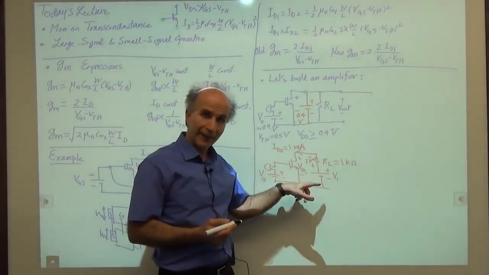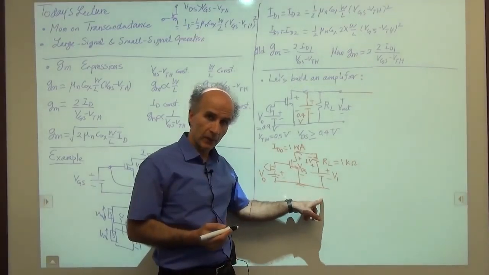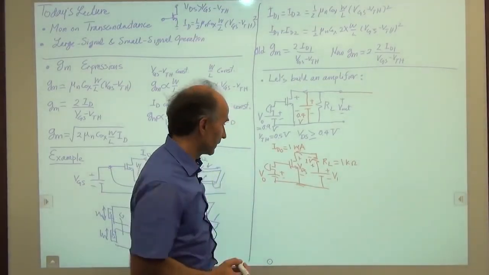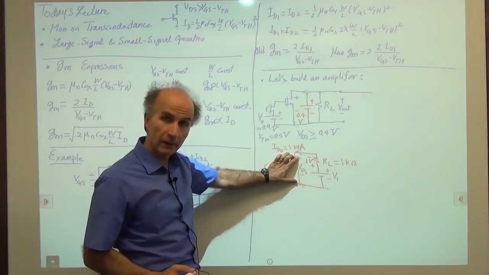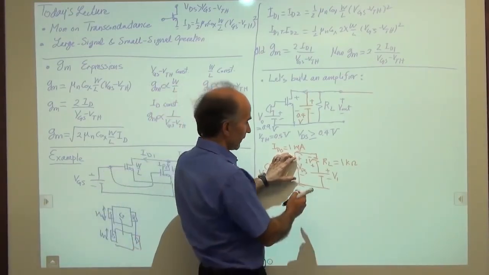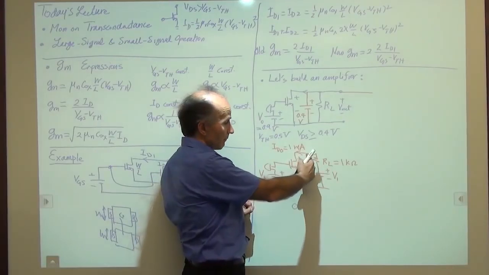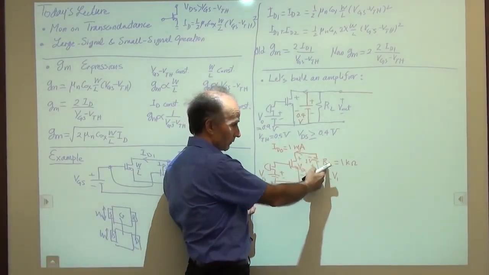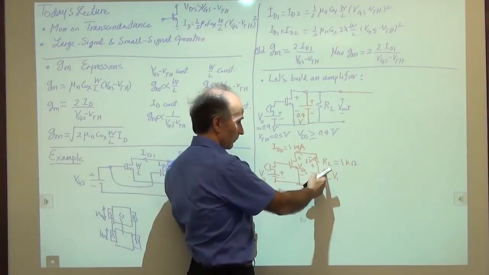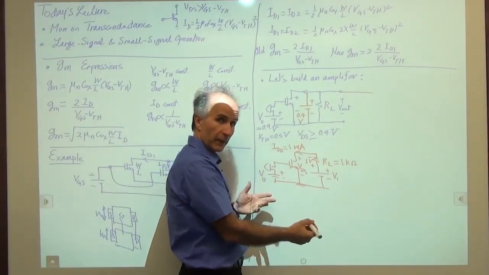Okay, so let's write a quick KVL around this loop to see what we get. All right, so we have VDS here. Then, if I start from this terminal, I say minus VDS minus 1 volt, which is RL times ID0, plus V1 equals 0, right? That's my KVL.